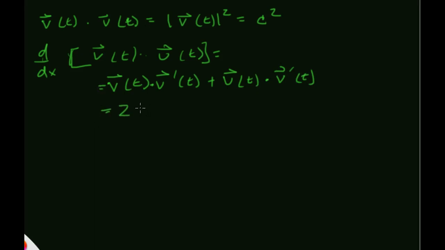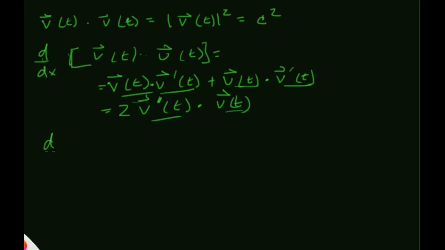which gives me 2 times v(t) dot v'(t), because the commutative property holds here for the dot product.